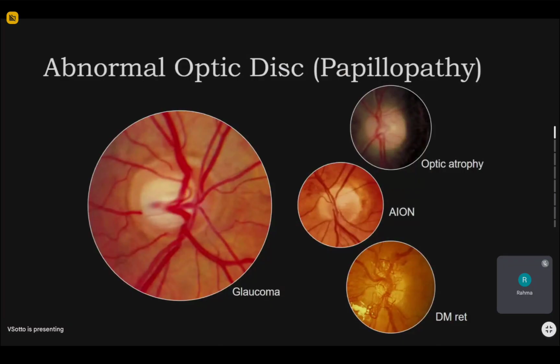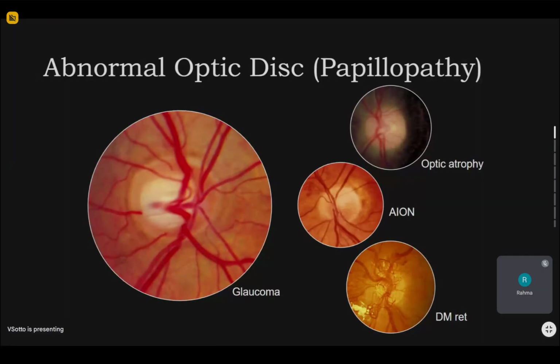Other examples of abnormal optic disc: in patients with optic atrophy, instead of having a yellow-orange color of the disc, you have a pale optic disc, a pale yellow color. For patients with AION, or arteritic ischemic optic neuropathy, a portion of your disc is pale.